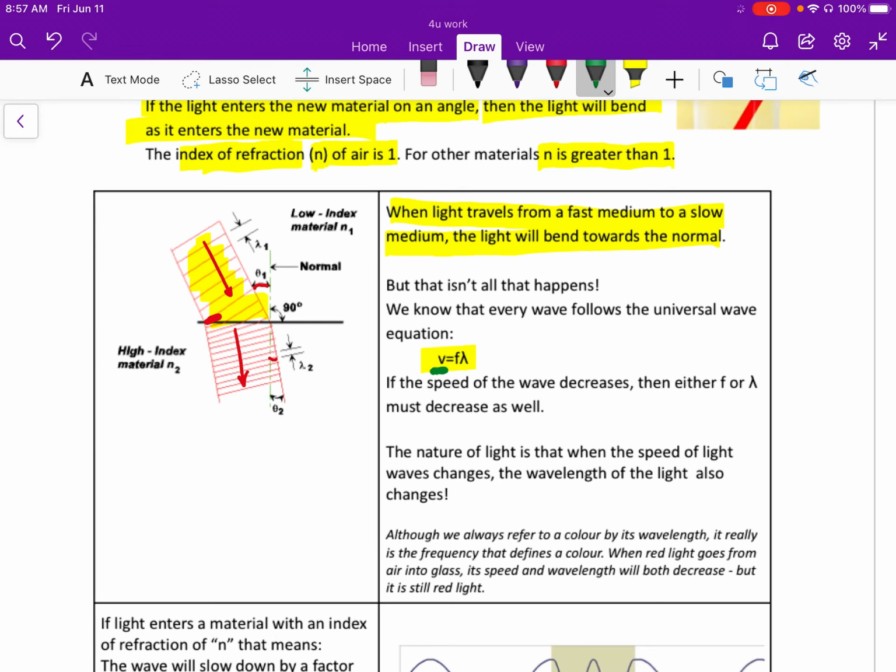In grade 12 wave optics, the speed of the wave isn't constant anymore. If we go from air into something, the speed of the wave is going to decrease. So if we've got this equation, v equals f lambda, if the left side of the equation decreases, then something on the right side has to decrease as well.